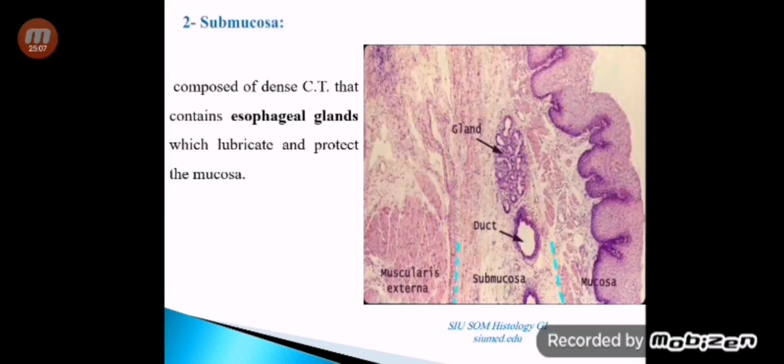The second layer is the submucosa, which is composed of dense connective tissue containing esophageal glands, whose secretion acts to lubricate and protect the mucous membrane of the esophagus.